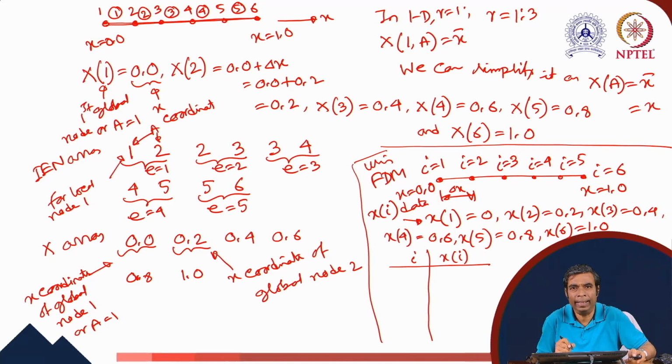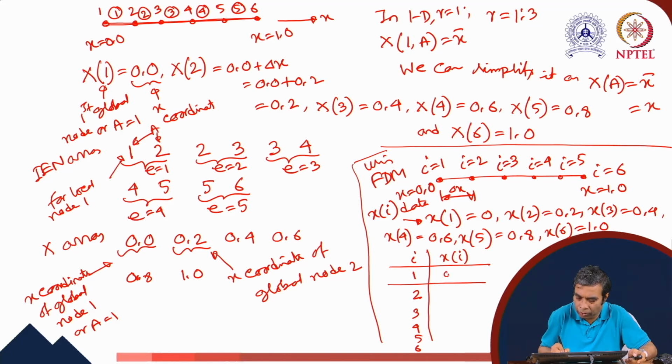I is the index of the node number, an integer. In finite difference, there is no concept of local node. Everything is global. There is no weak form, there is no assembly. So here we have 6 values for I: 1, 2, 3, 4, 5, and 6.